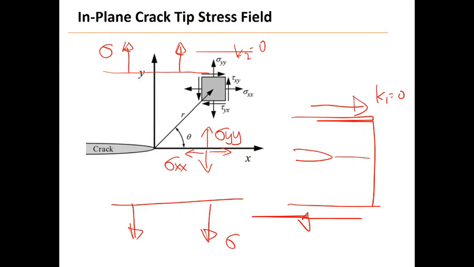It is a parameter that you can calculate, obviously, because it is based on the stress field that we found. This is different from the stress concentration factor, because in the stress concentration factor we often talk about a feature that is not a crack.